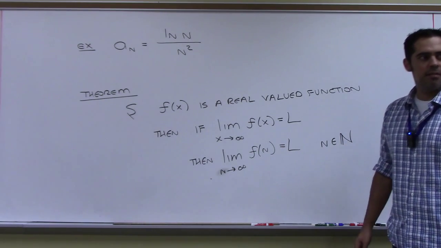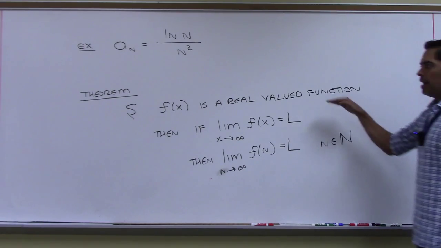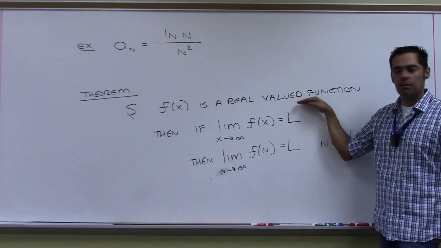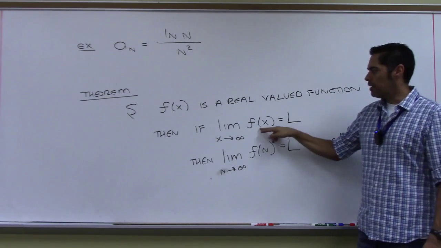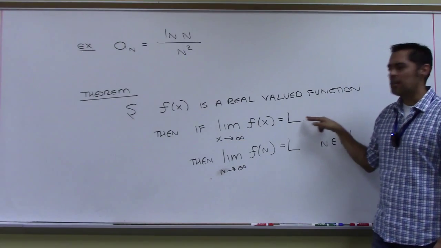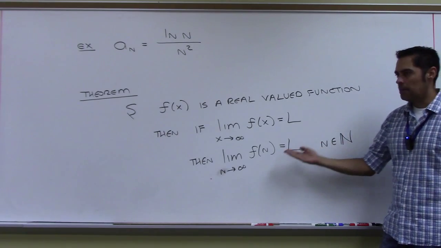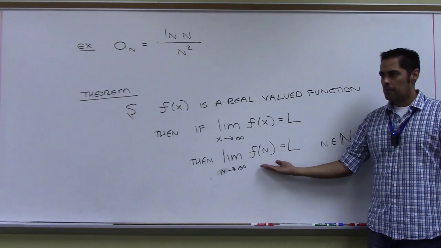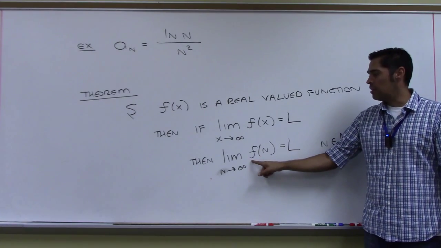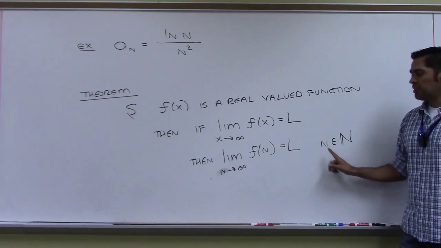Does anyone understand what any of that means? F is a function where x can be any number. I look at what happens as x goes to infinity, and it turns out to be some number L. The conclusion is that the same function, restricted to just the natural numbers, must do the same thing.